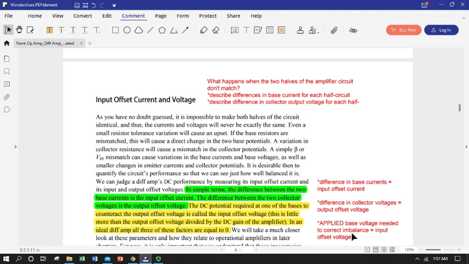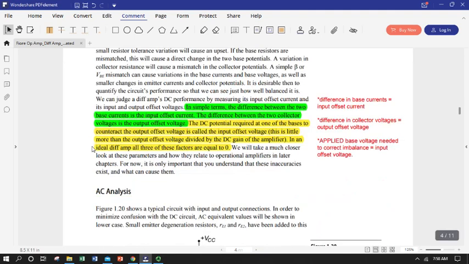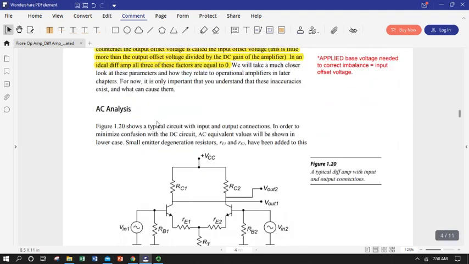So that's what you had to do to make the two halves of the circuit behave the same from a DC standpoint. So these are numbers that you'll see published for a given differential amplifier circuit. It isn't just a function of the transistors themselves, it's the as-built circuit. So a little bit of vocabulary there and why it's important.